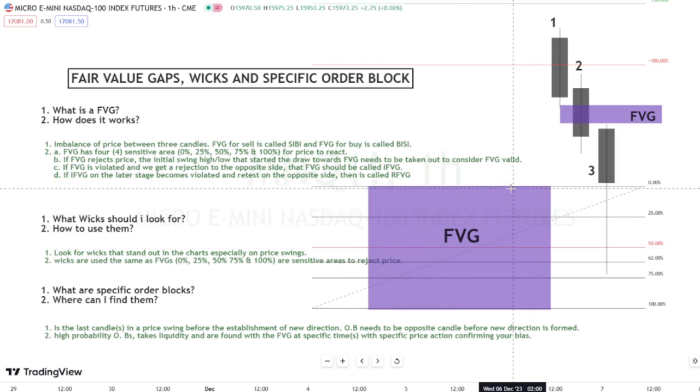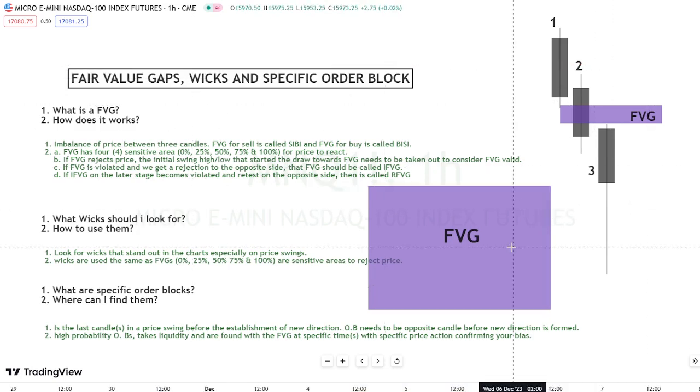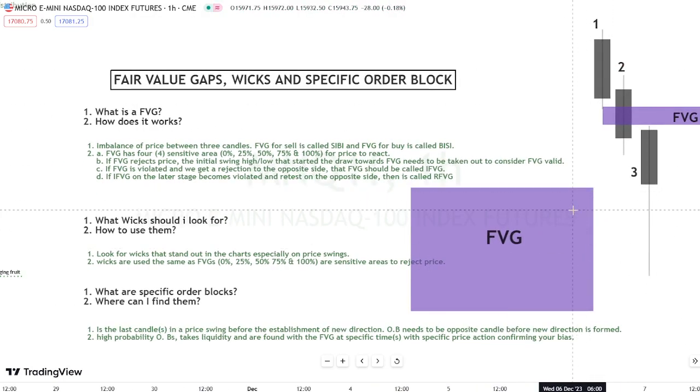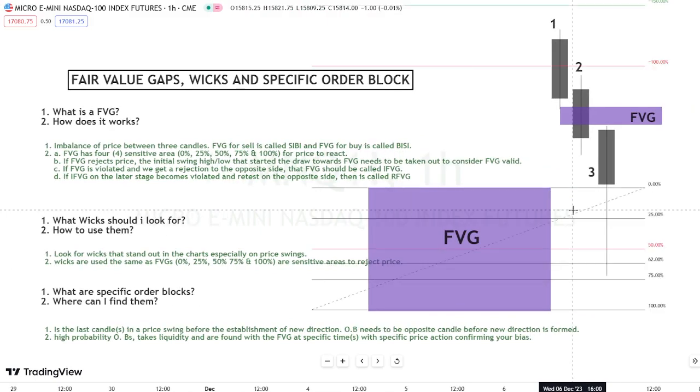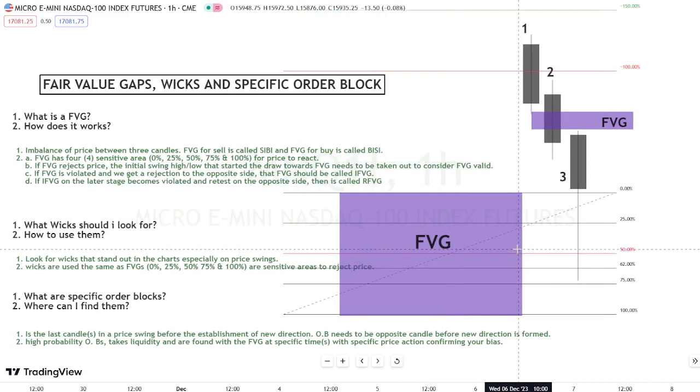Sorry, it cannot rotate because I just mentioned the 0 there. But 4 quarters out of 100, you see that. This means it's 1, 2, 3, and 4. If price comes, it will react here, here, here, or there. Or let's just put it here if it's not going to clutter, for certain people just to see.